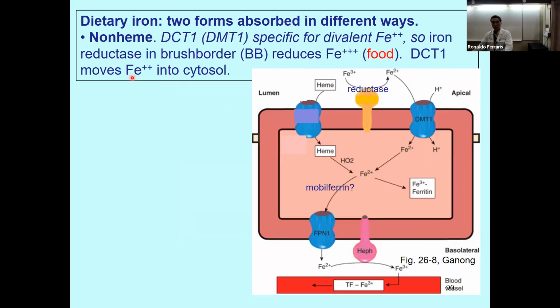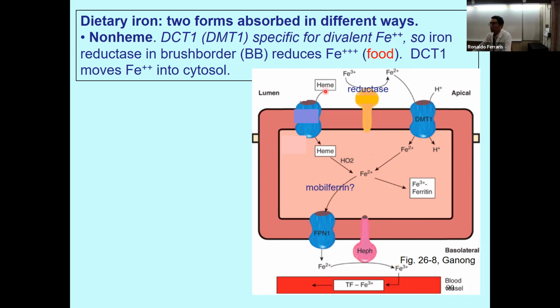Heme iron, as the name implies, comes from the breakdown of hemoglobin, and therefore from myoglobin in red meat. This rectangle here represents an intestinal cell. This is the apical membrane, food side, cytosol, blood side.